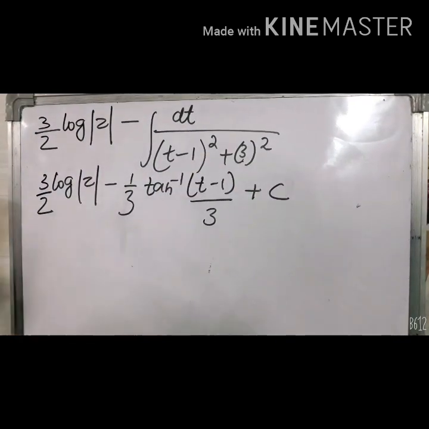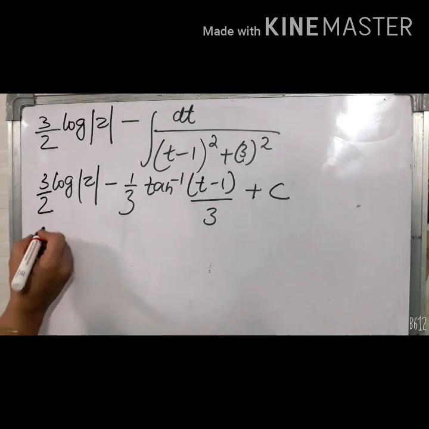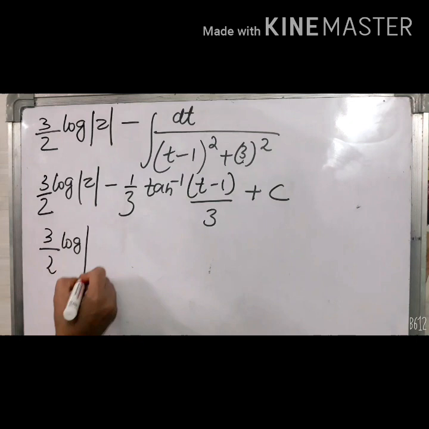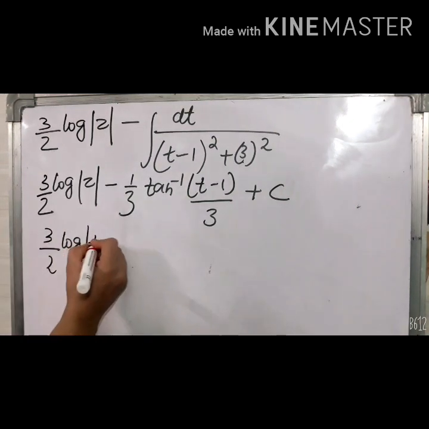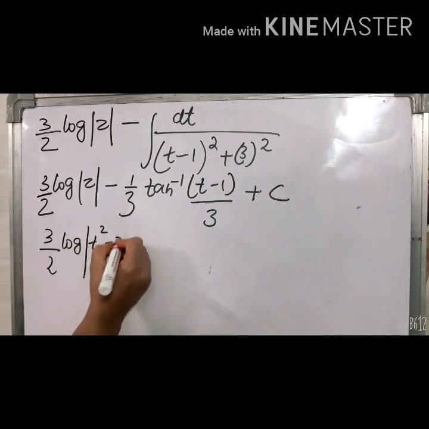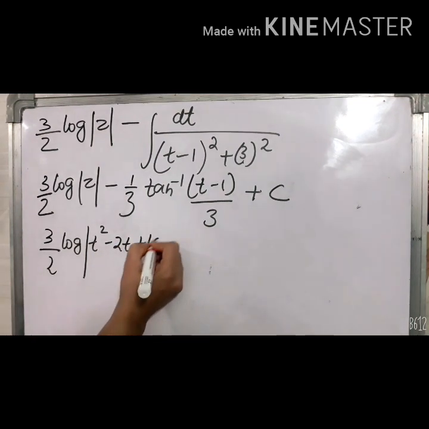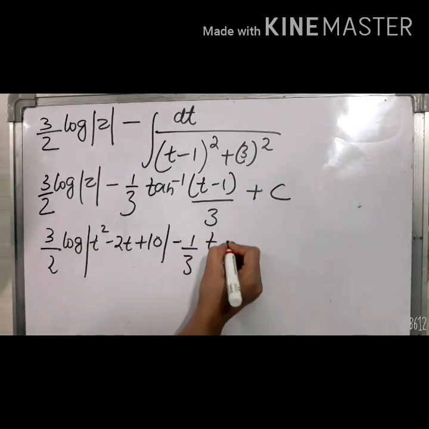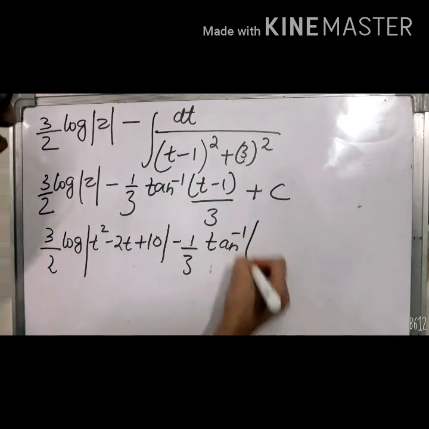Now I am putting in the values. 3 by 2 log, what was your z? z was your t square minus 2t plus 10. Correct? Minus 1 by 3 tan inverse, what was your t?